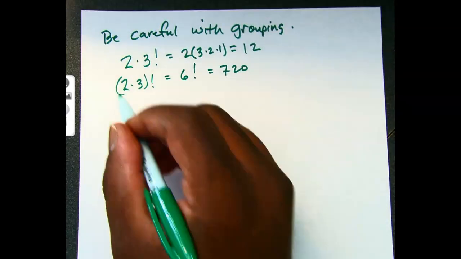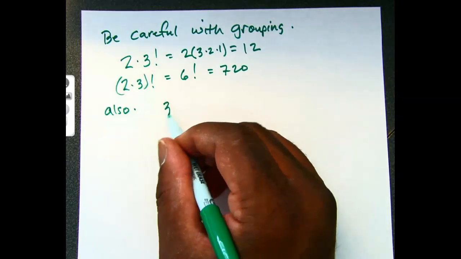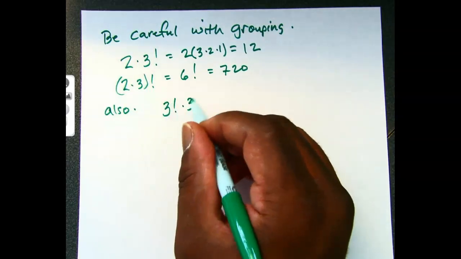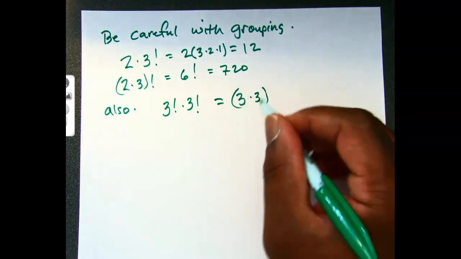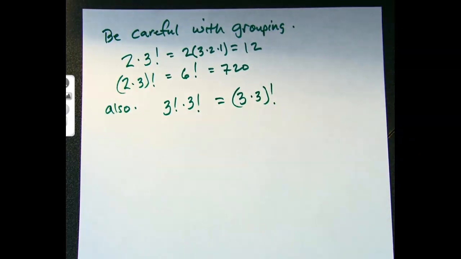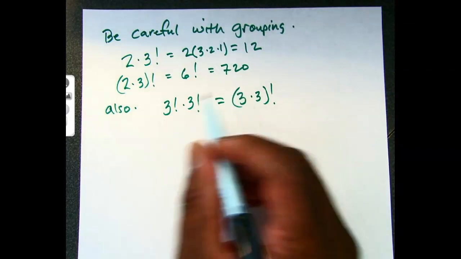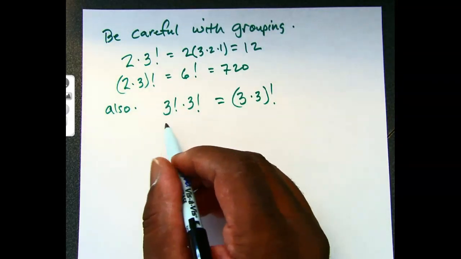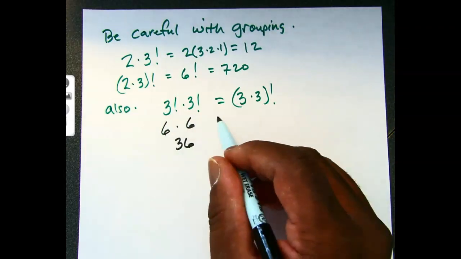And then also, is 3 factorial times 3 factorial equal to 3 times 3, factorial? What do you think? Well, here's what we know. We know that 3 factorial is 6. So if we perform the factorial first, that would be 6 times 6, which is 36.